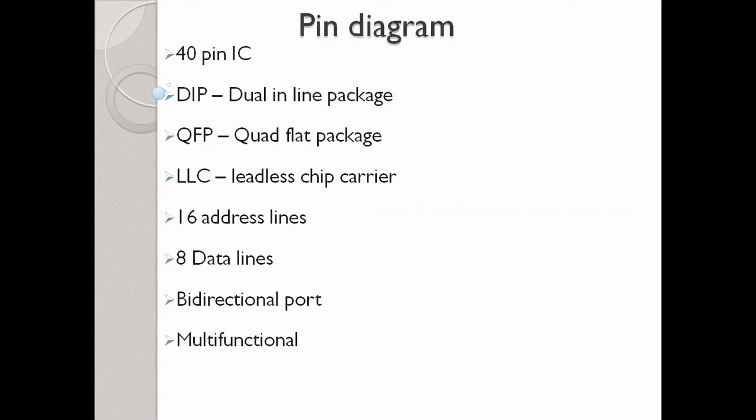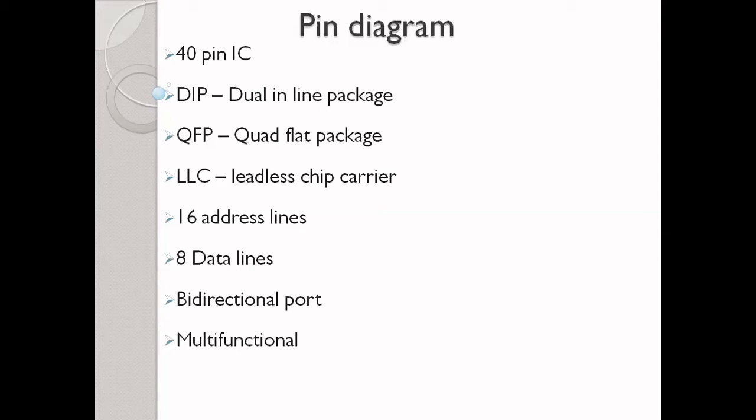In the microcontroller, there are 4 ports available. The use of the port is to connect the input device and output device. What is bidirectional port? Bidirectional means both directions. We can connect input device and output device, so it is called bidirectional.